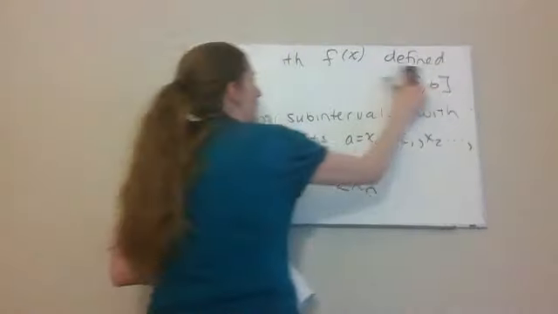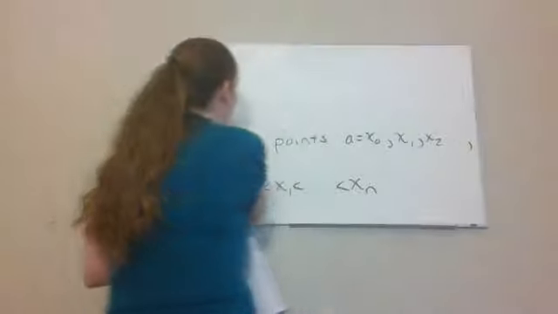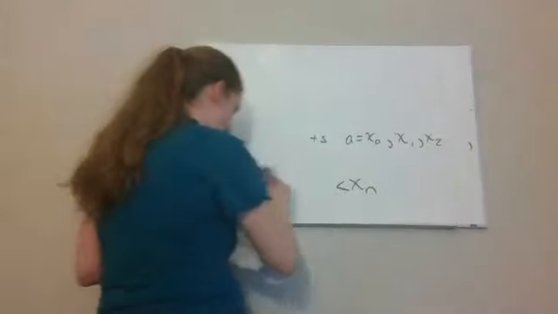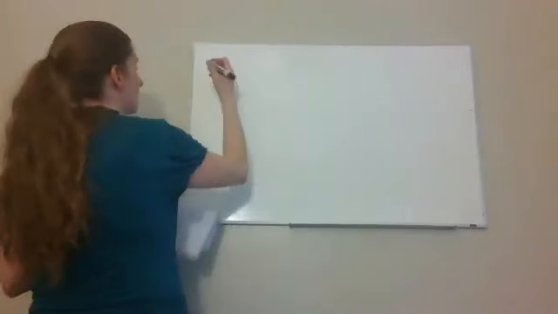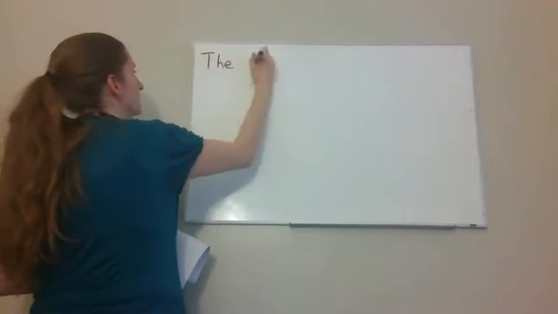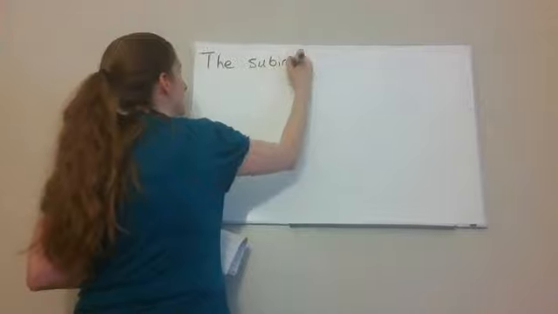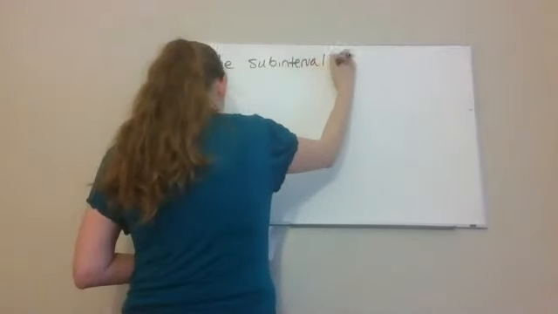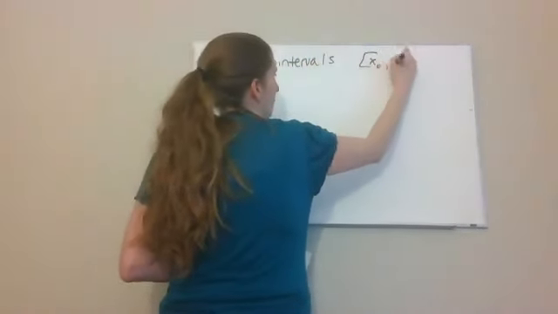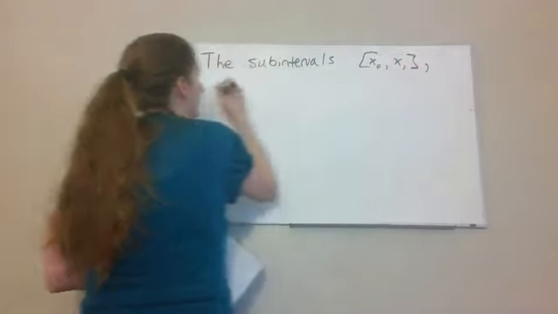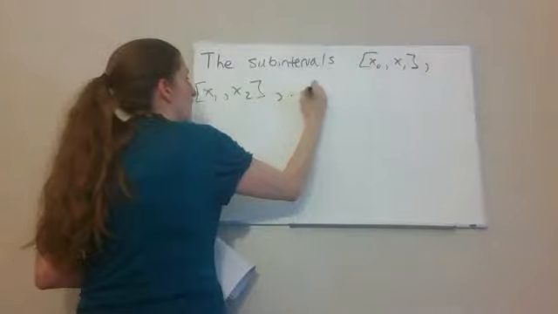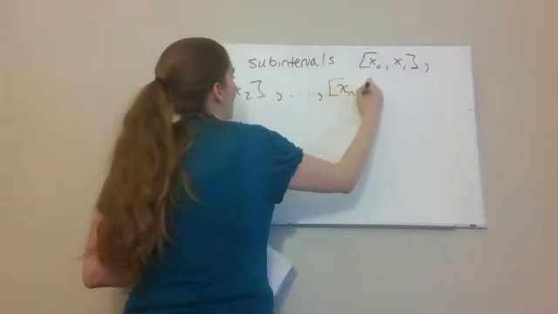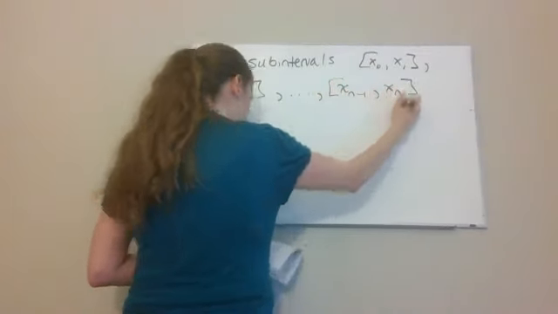So these subintervals are called a partition of our interval. The subintervals are x0 to x1, x1 to x2, all the way through xn minus 1 through xn.